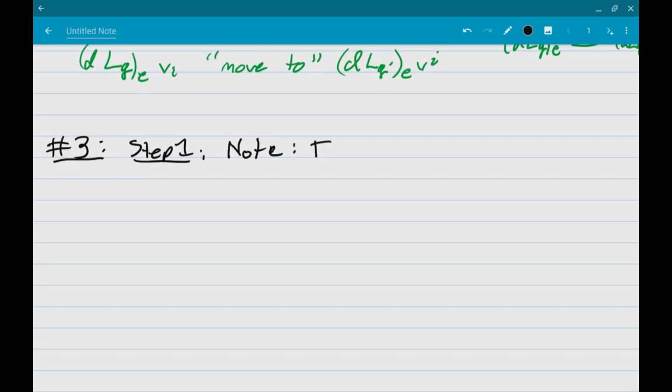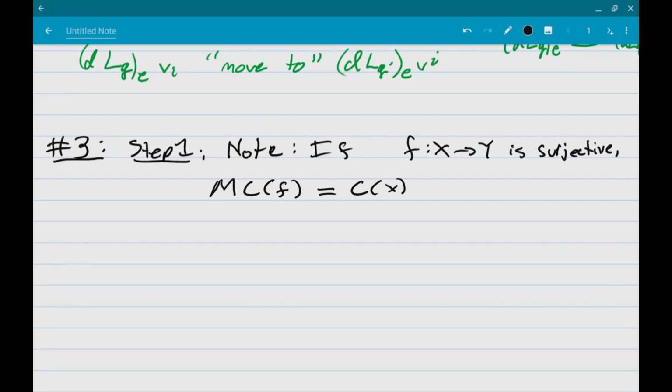Note, if f from X to Y is surjective, the mapping cone of f is just the cone of X with a relation where (x, 0, 1) is related to (x, 1, 1) if and only if f of x0 is equal to f of x1.